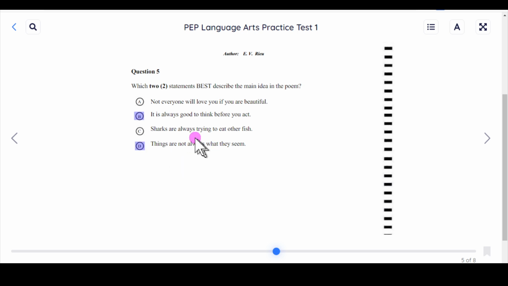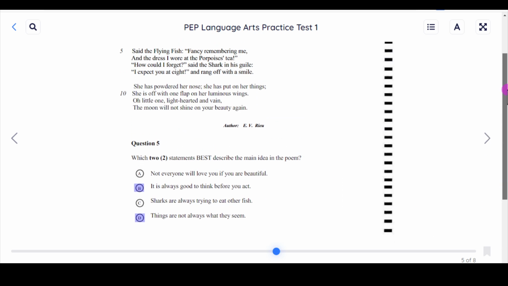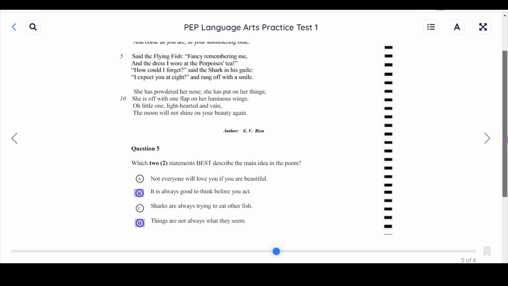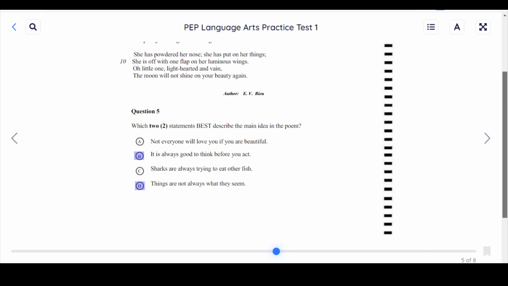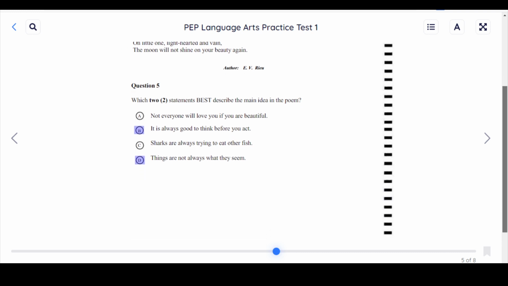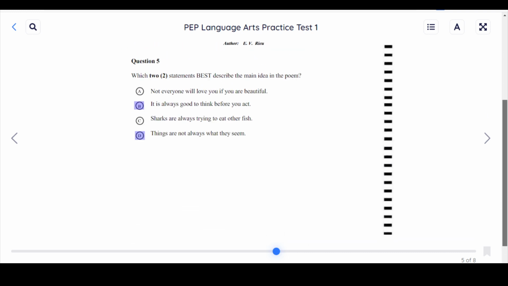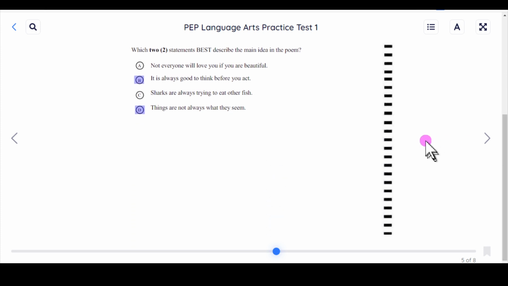So the main idea here, I think, would be B and D. Yes, we know that sharks are always trying to eat fish, but I don't think the author is trying to tell us that. We know this already, previous knowledge. But the main idea is that it's always good to think before you act, and things are not always what they seem. So I'll take those two.